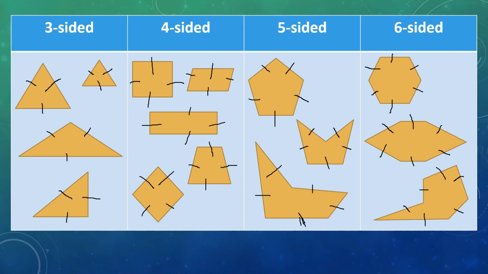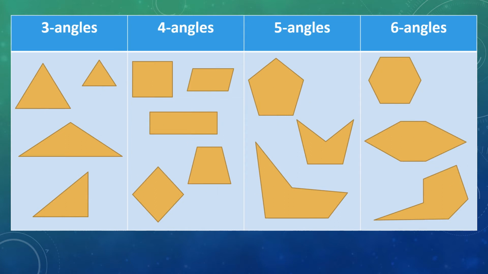So now we're going to take a look at the angles, and we're going to see if the angles match the categories. So we have the same shapes, but this time our categories are 3 angles, 4 angles, 5 angles, and 6 angles. So to show where angles are in a shape, we draw part of a circle.